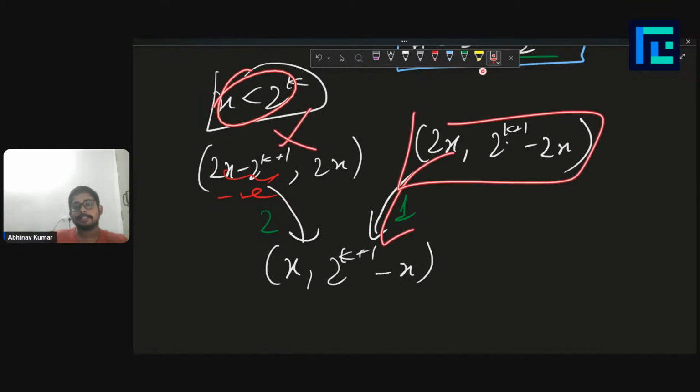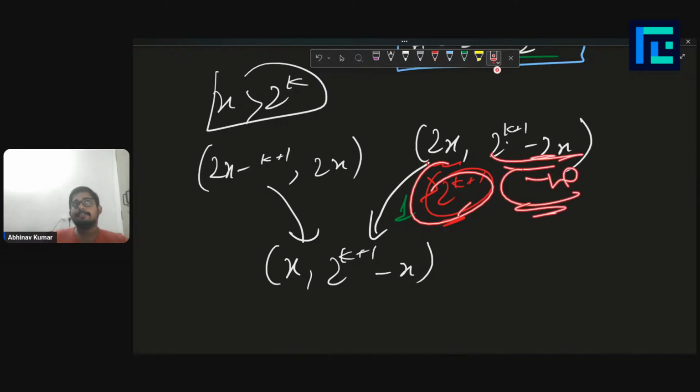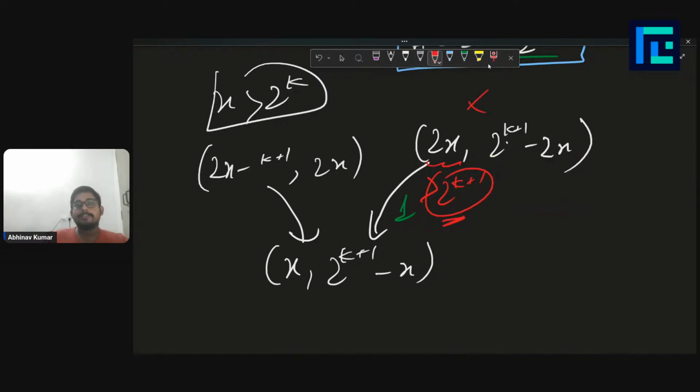This is an invalid state. And same way, if x is greater than 2 to the power k, that means this 2x would become greater than 2 to the power k plus 1, which would make this b value negative, which means this state would be invalid. That means you can come only from this state.